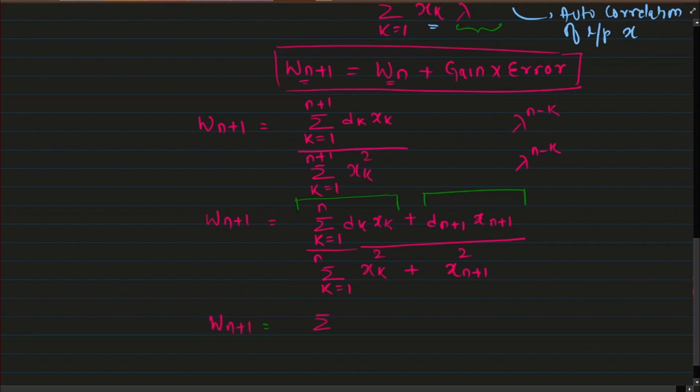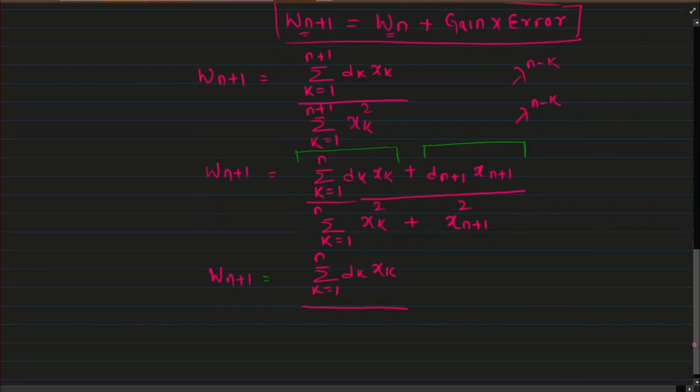So I have the sum over k going from 1 to n of tk xk, and under this I have again the sum over k going from 1 to n of xk square plus x n plus 1 square, and then I have another part, which is this part.